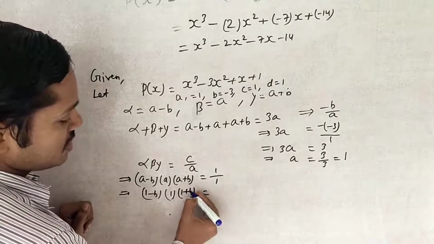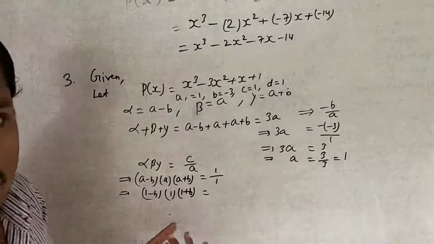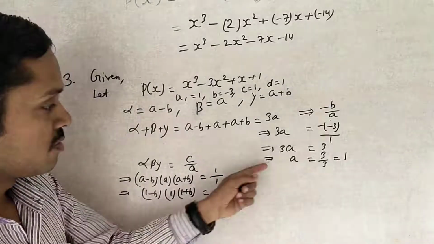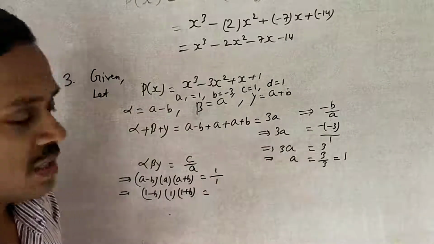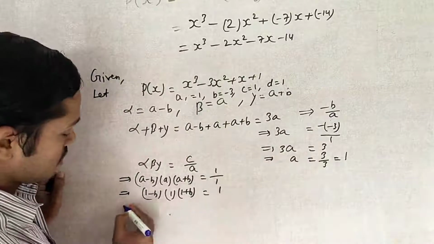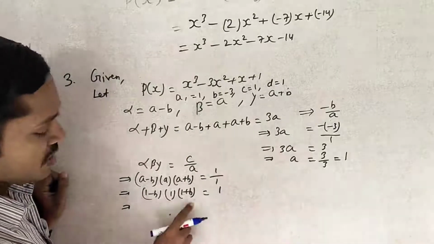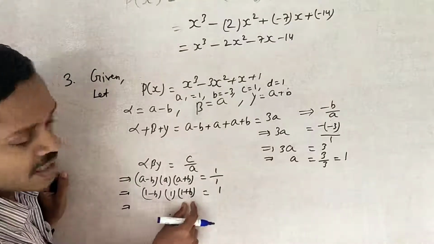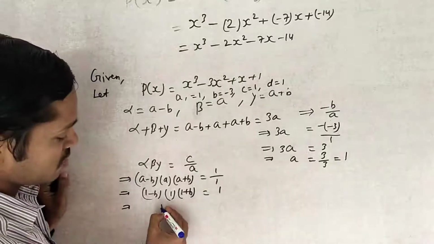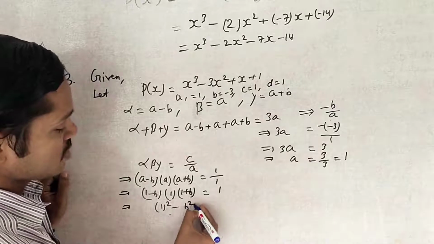Look at that. In this equation, I have replaced A is equal to 1 because we have already found out the value of A. So we are replacing this one. Now look at it, 1 minus B and 1 plus B. A minus B, A plus B, how much? A square minus B square. 1 square minus B square is equal to 1.